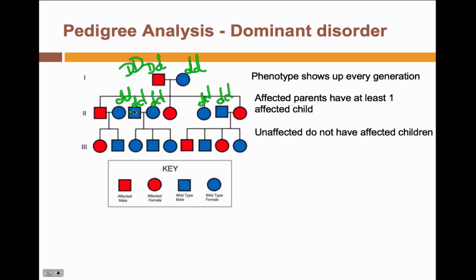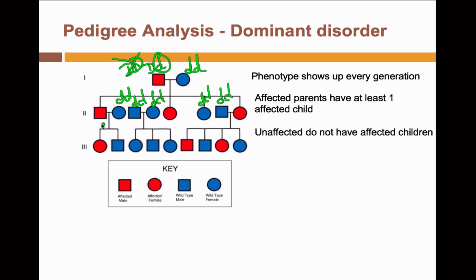Then we can look and say, okay, well, these parents had affected children, but they also had unaffected children. So in order for them to have unaffected children that have both the recessive alleles, this dad up here can't be homozygous dominant. He has to have that recessive allele. So we know that he is heterozygous dominant for this trait, and we can assign those alleles to him.